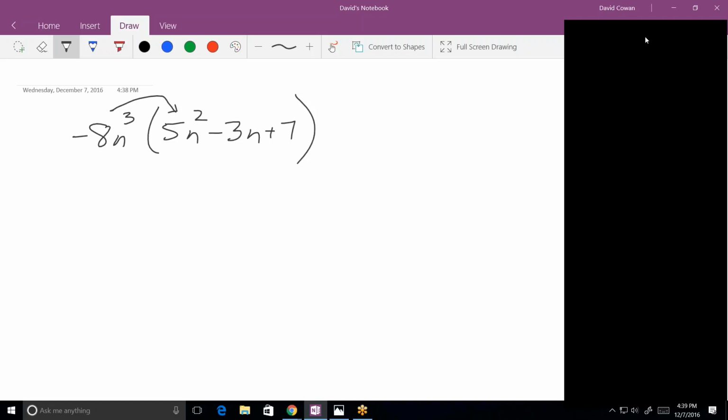That's the first step. Would that be 40n cubed? Well, first of all, minus 40, because it's minus 8 times 5. And then what is n cubed times n squared equal to? Add the exponents.